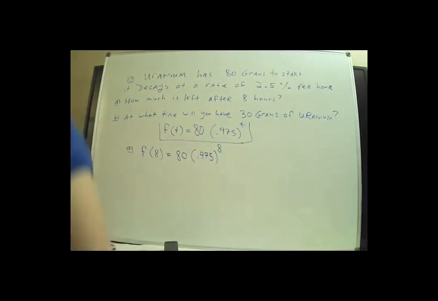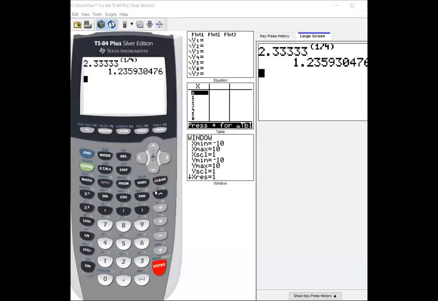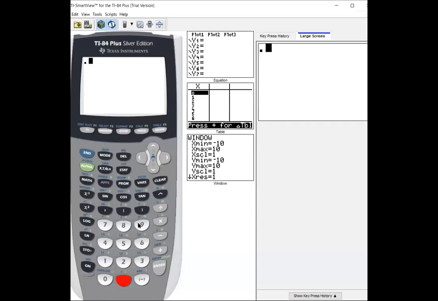So I'm going to share the calculator. I'll clear it out. So I have 0.975.